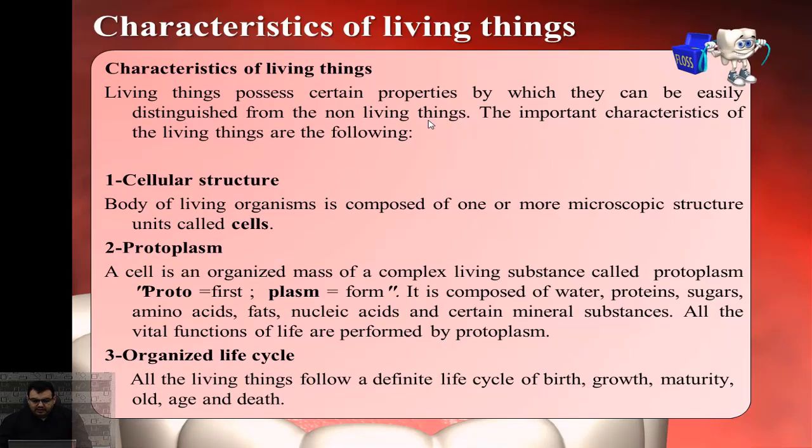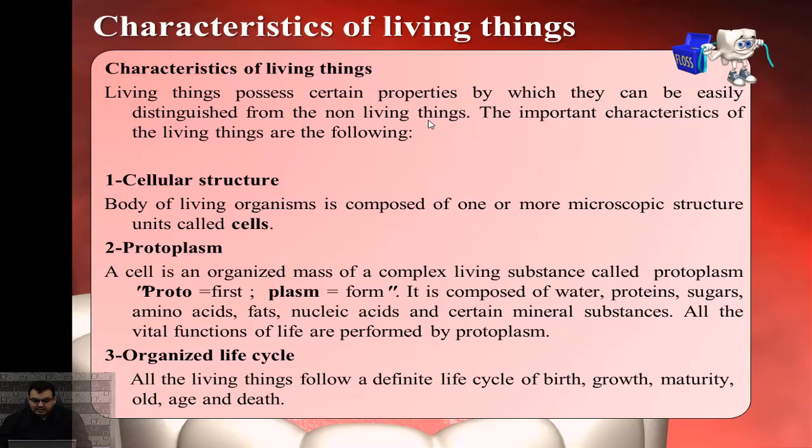Characteristics of living things. Living things possess certain properties by which they can be easily distinguished from non-living things. The important characteristics of living things are the following. Number 1, cellular structure. The body of a living organism is composed of one or more microscopic structural units called cells. 2, protoplasm.